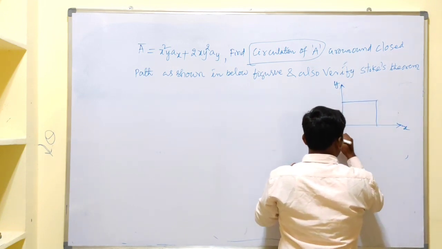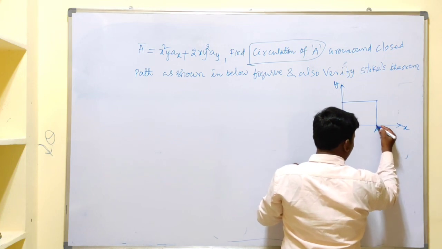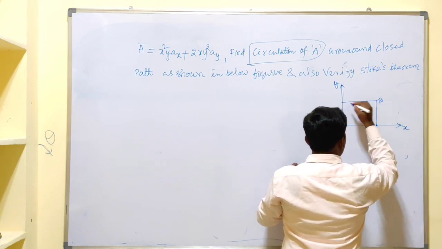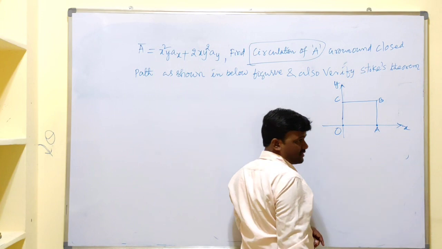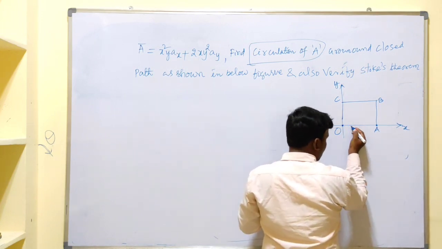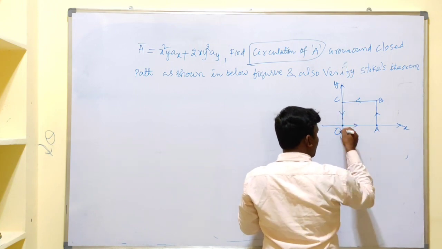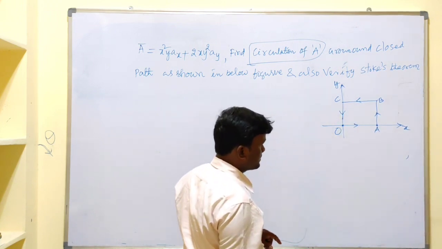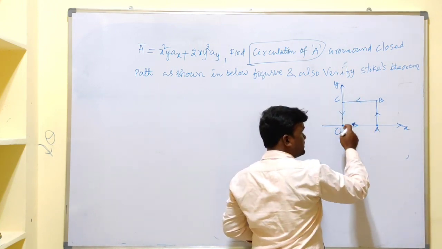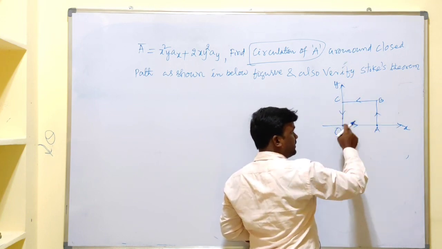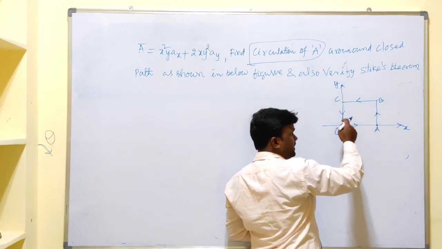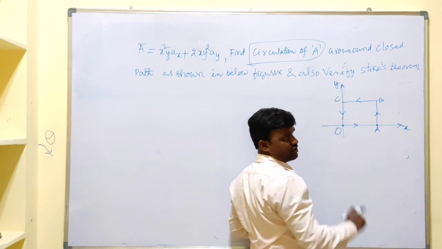This point is O, this point is A, this point is B, and this point is C. Closed path means we need to start at this point, and the ending point should be this point only. Starting and ending points are the same. It is the circulation. You need to find the circulation of A around this closed path.